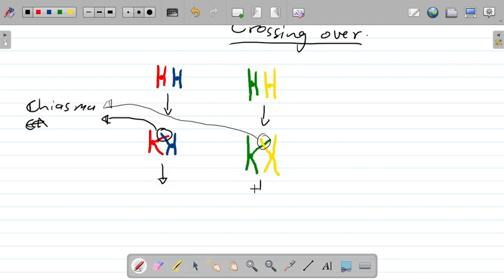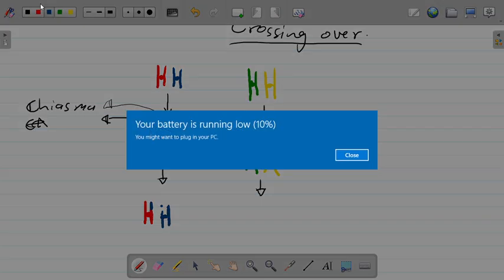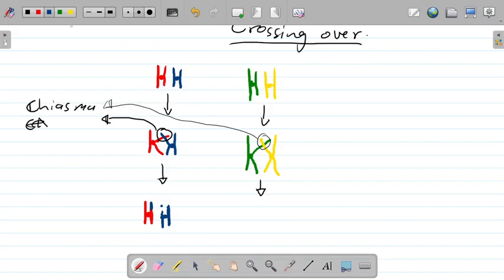At that point, they exchange genetic material so that the chromosome from your father has a bit of DNA from your mother, and the chromosome from your mother will contain a bit of DNA from your father. So they have exchanged DNA.